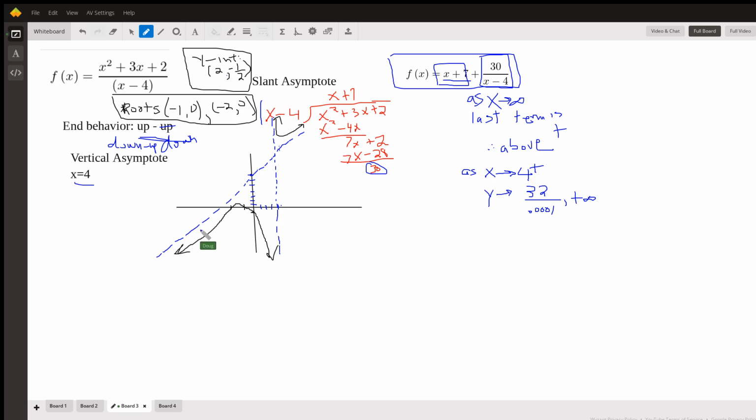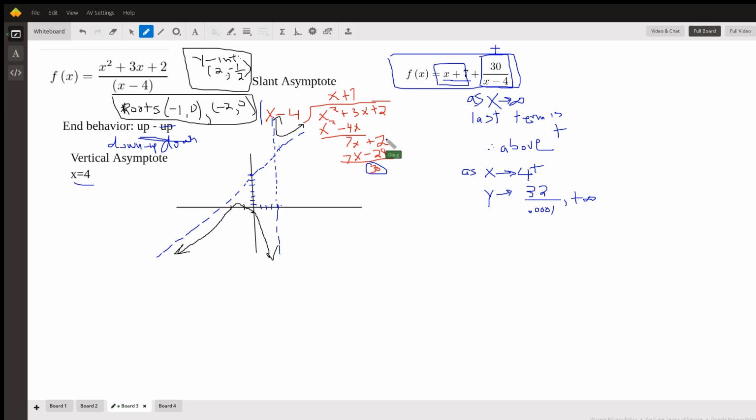And I've sketched that slant asymptote right here, y-intercept of 7, slope of 1, and here's the vertical asymptote, x equals 4. So the graph cannot cross either of those blue dashed lines. And since the graph is above its slant asymptote because this term is positive as x approaches infinity, that means it has to be above this dashed line.